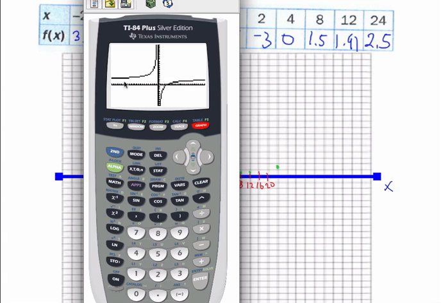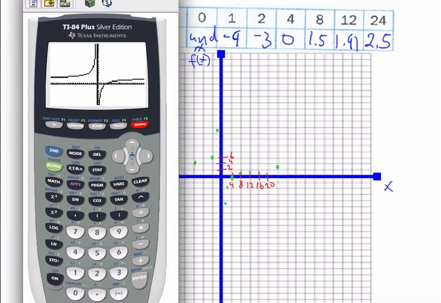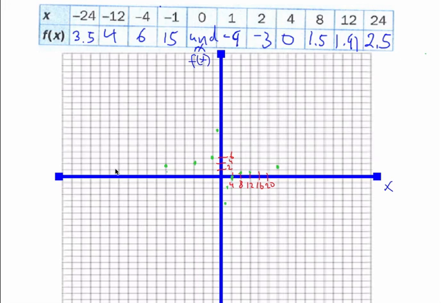You can see it's a curved part right here and a curved part right here. And in the middle here is where x equals 0. Remember, that value is undefined. So when it's undefined, we get this asymptote right here. So it's going to look like this, kind of twisty, and like this.